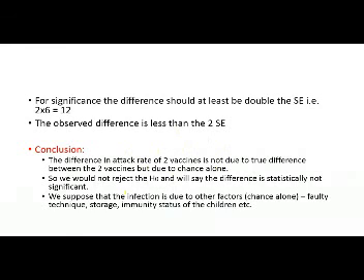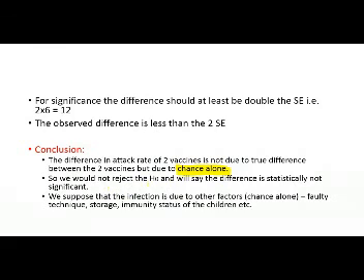the difference in attack rate of two vaccines is not due to a true difference between the two vaccines, but due to chance alone. If it is statistically significant, we say that this is statistically significant, but if no statistically significant difference is there, then we say that this is actually due to chance.